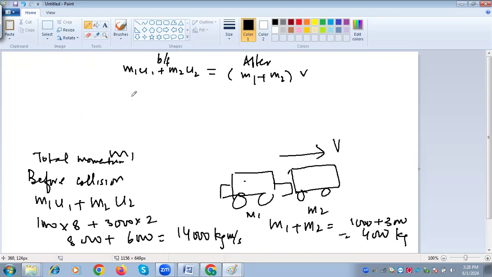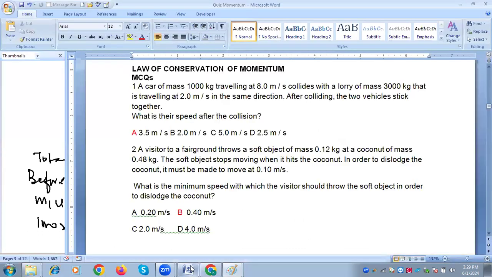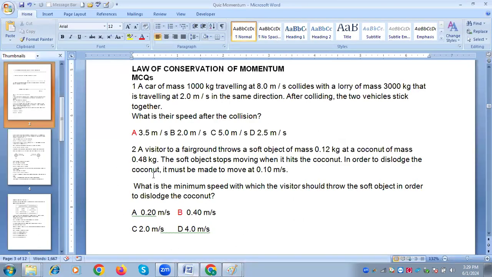So 14,000, we have already worked it out, equals 4,000 V. So what will be V? 14,000 divided by 4,000. Four threes are 12 and four fives are 20, so V is 3.5 meter per second. So this will be the common velocity of the two bodies after collision. Okay, answer is A.